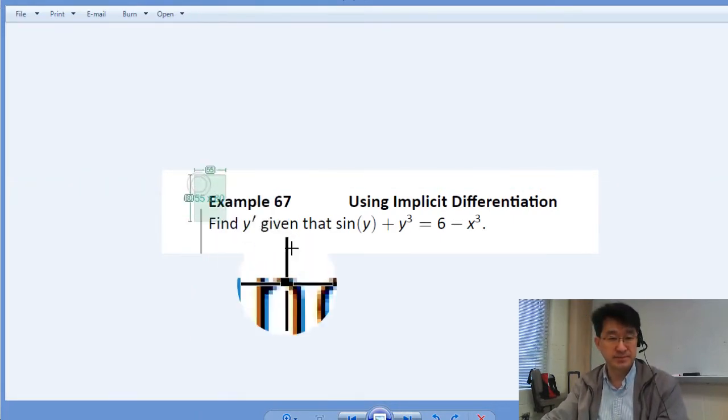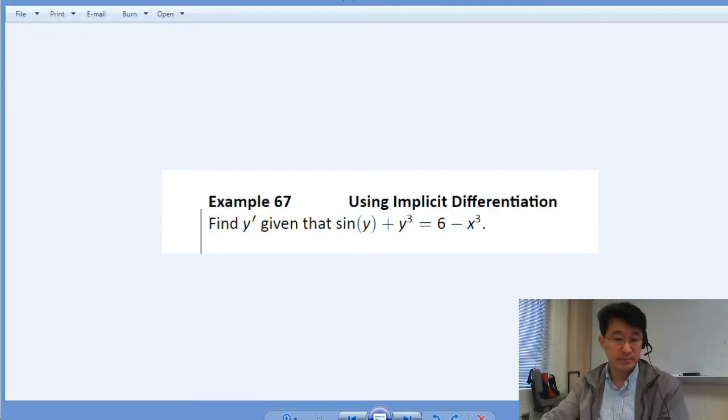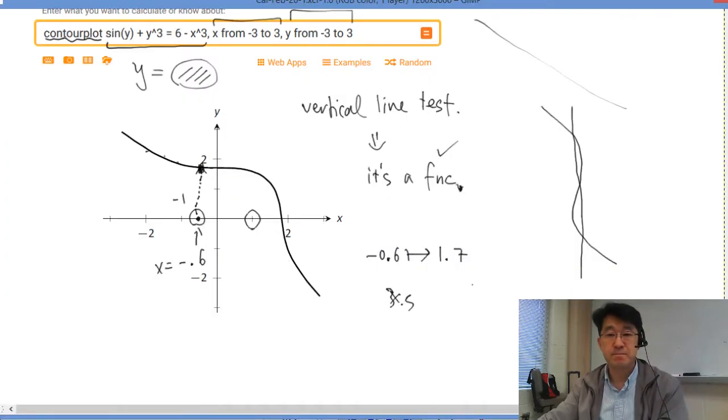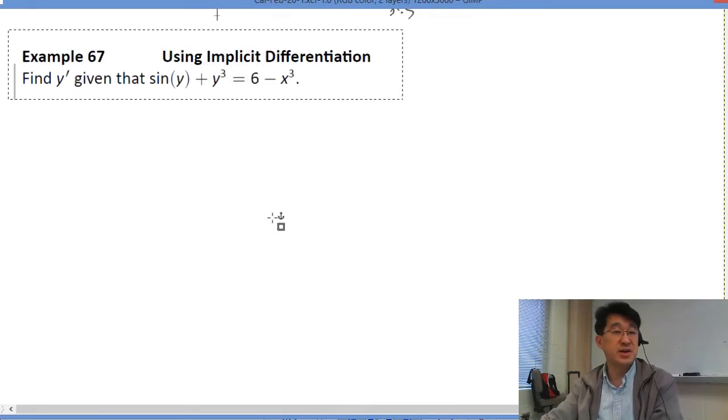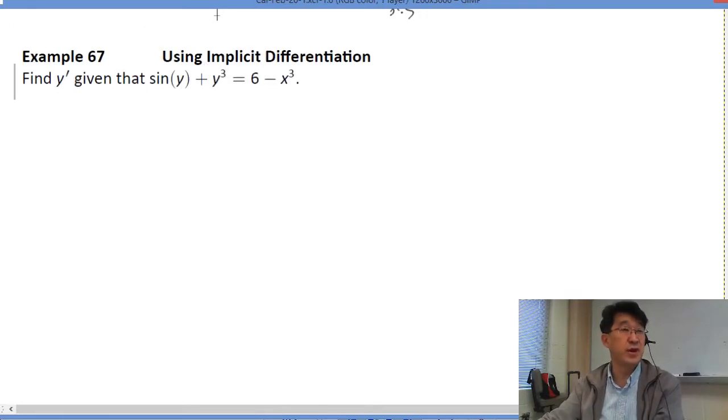All right, here's an example. What is the title of this section? Implicit differentiation. You don't have an explicit formula. We'll do that implicitly. All right. The situation is like this. What is the name of this equation? Cartesian equation, right? So that's how it started.